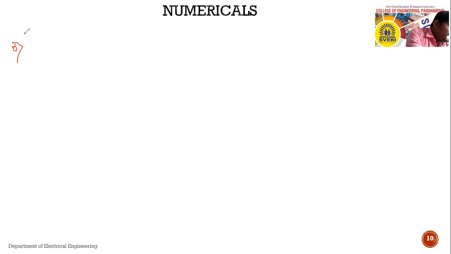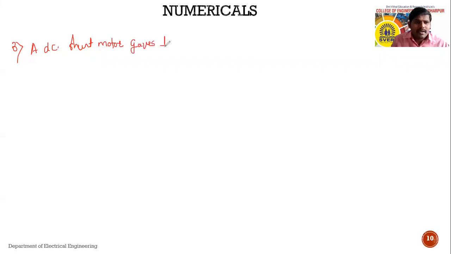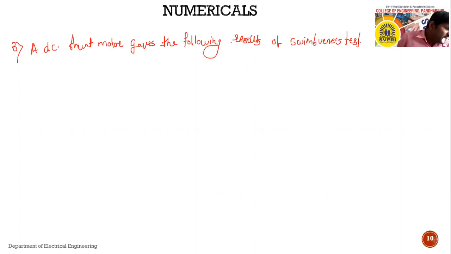A DC shunt motor gives the following results of Swinburne test.